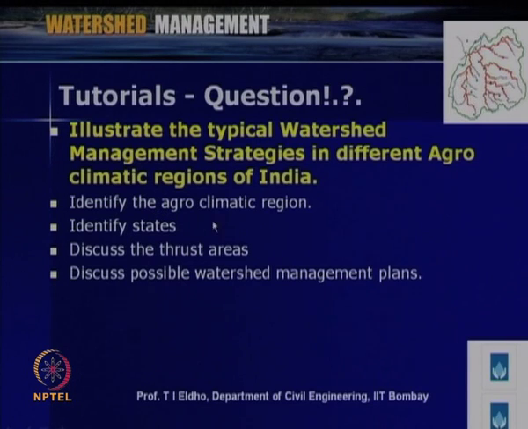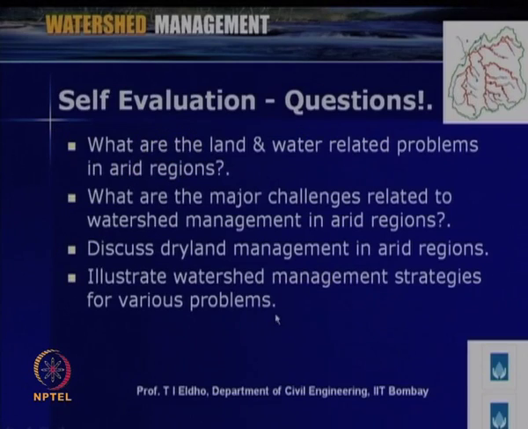So depending upon the various conditions, we can identify the agroclimatic region, then identify the states, look into the thrust areas, and discuss the possible watershed management plans for that particular region. As self-evaluation questions, 4 questions are listed here.